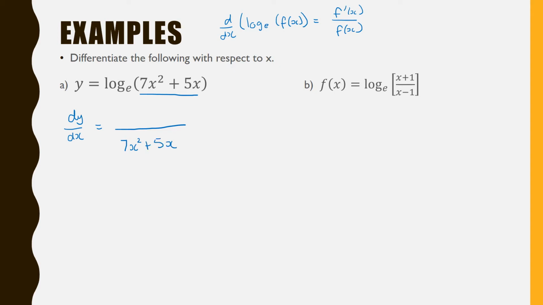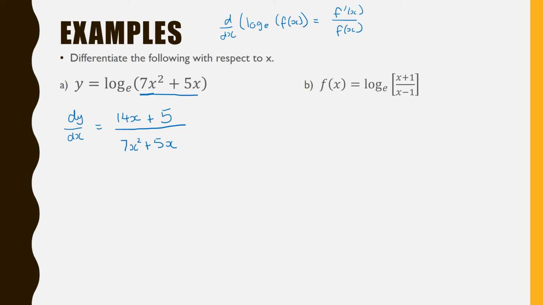In the numerator, we differentiate this function. The derivative of 7x squared is, we multiply by the power, 7 times 2 gives me 14x, plus the derivative of 5x, which is 5. You can look and think, is it possible to cancel, to simplify? But hopefully you'll notice that no, it is not. Of course, we cannot cancel the 5's because for each, the numerator and the denominator is a term altogether.